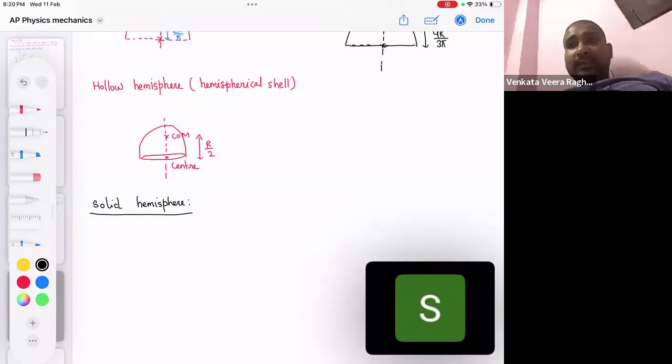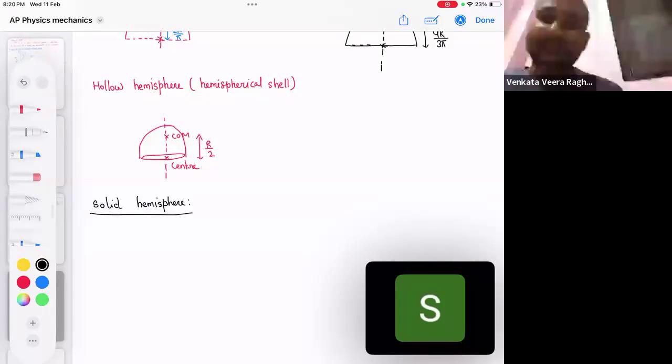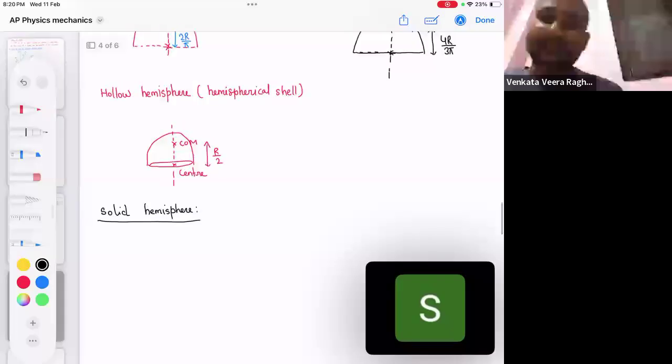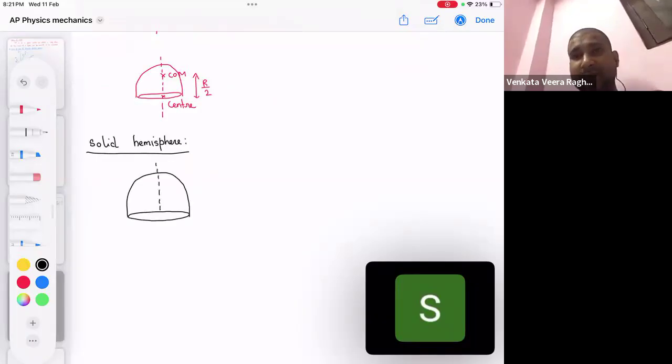So for the solid hemisphere, where will the center of mass come? Again we are measuring from the geometrical center. This is the geometrical center, and this is where we have the center of mass. The distance is 3r by 8.